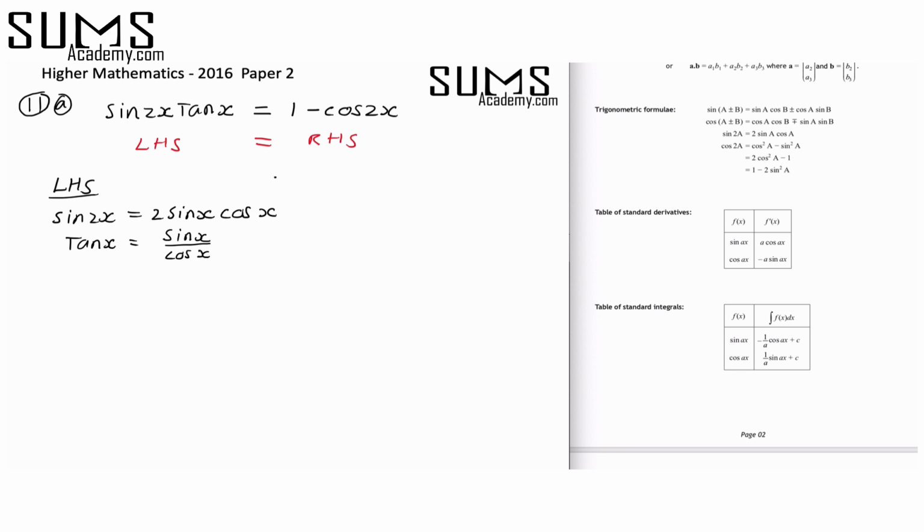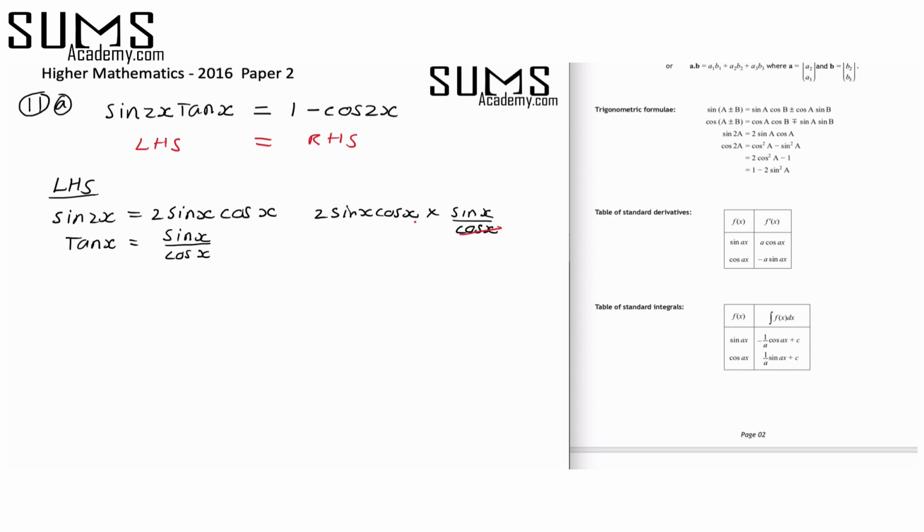So what happens when we combine these two together? We have 2 sine x cos x multiplied by sine x over cos x. This being from the tan and that being from the sine 2x.